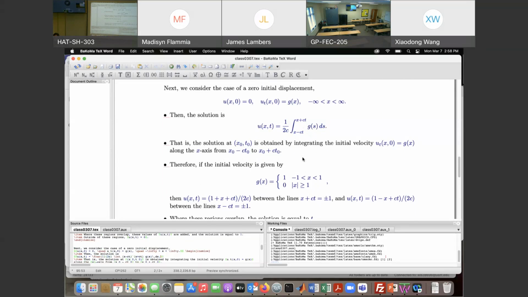Now suppose we have the same kind of initial data, where it's equal to 1 between minus 1 and 1 and 0 otherwise. Here it's a bit tricky to figure out how the solution is going to behave. It's a little more complicated than the last case, so I have another picture to show you.